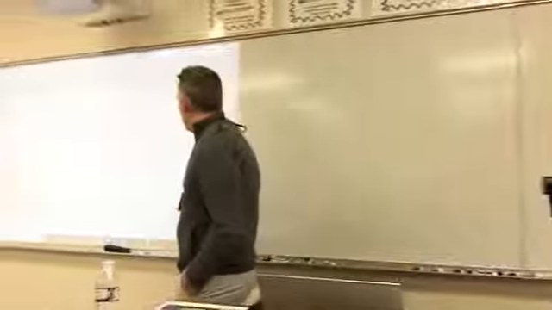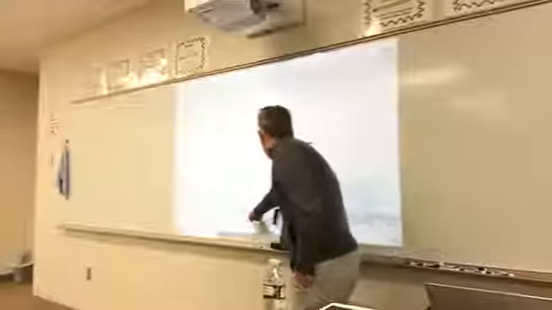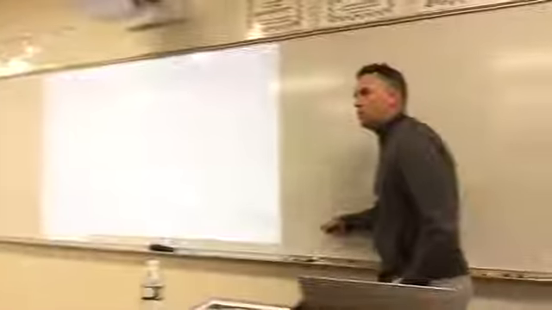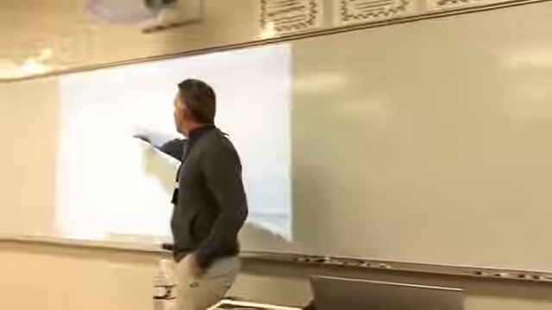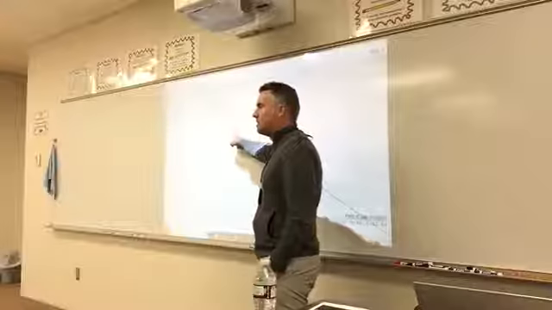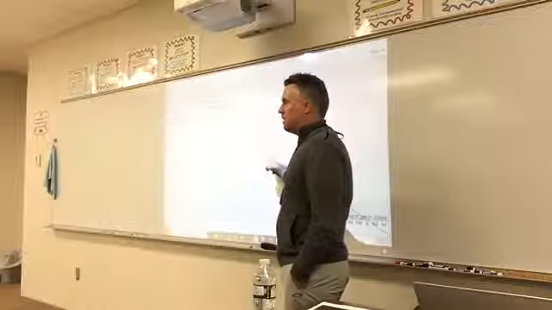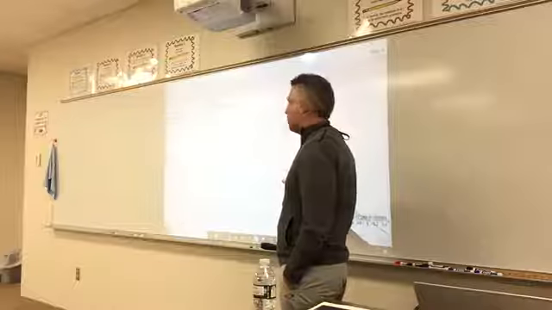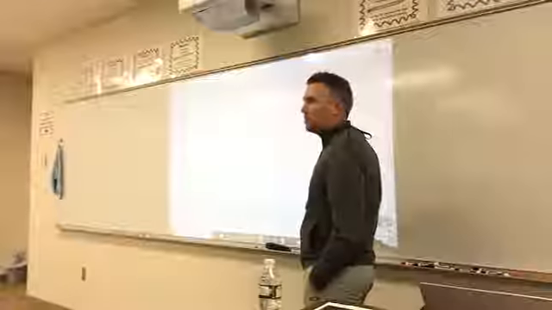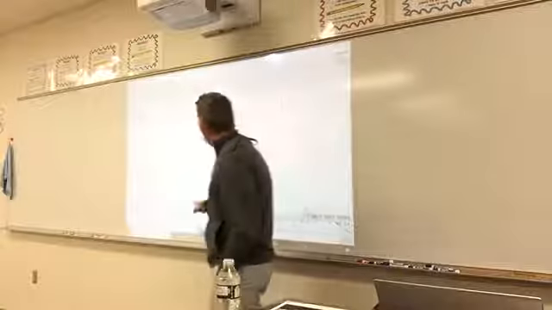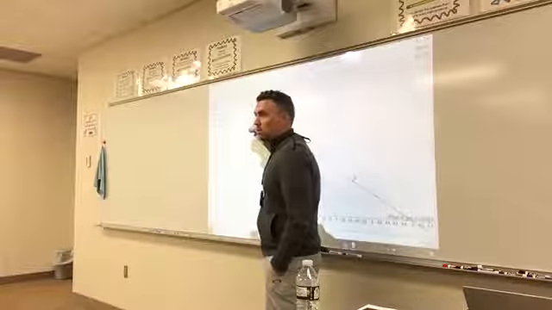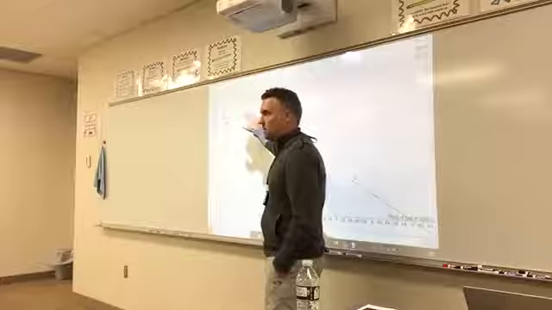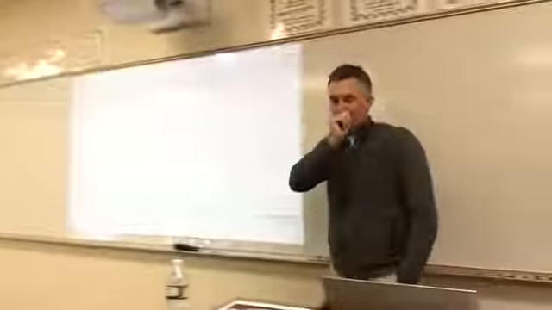Basically, they're saying as the price of gas increases, as we travel to the right, the more we charge for gas, what's going to happen to the demand for gas? It's going to go down, because as it gets to $4 and $5, people just aren't going to be willing to buy it anymore. But if we start selling gas for 20 cents a gallon, everybody's going to want to be buying gas. See the relationship here? Okay.